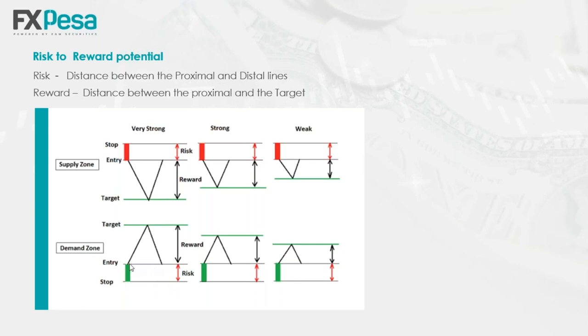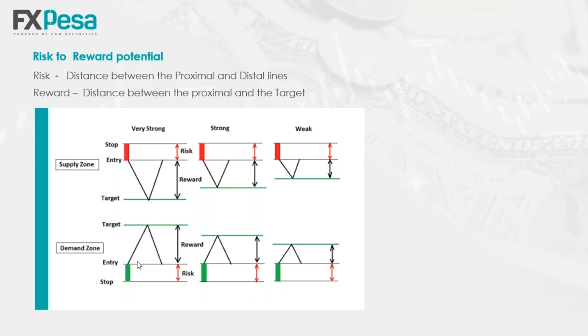This is what we are calling the proximal line. So your stop loss should be below the line, on the bottom side of the demand zone. Your take profit should be based on the prior trend, the trend that is preceding that particular zone.